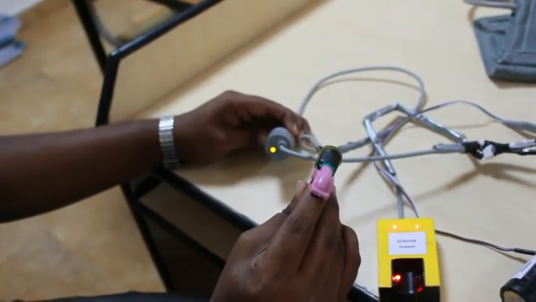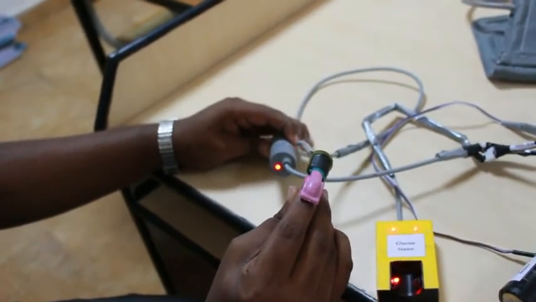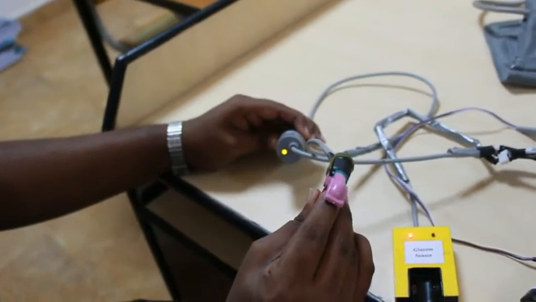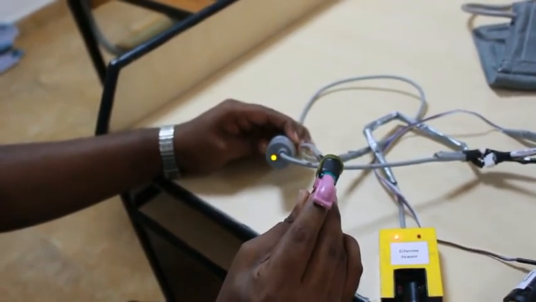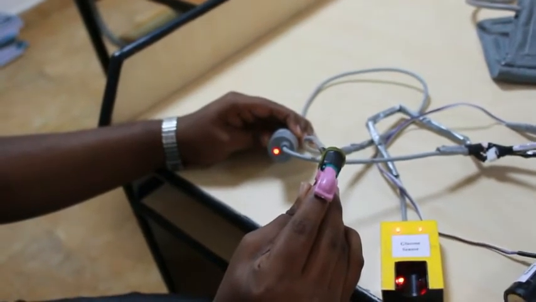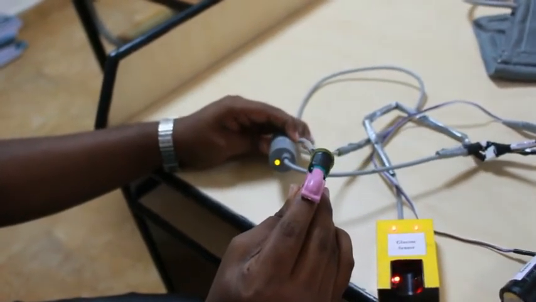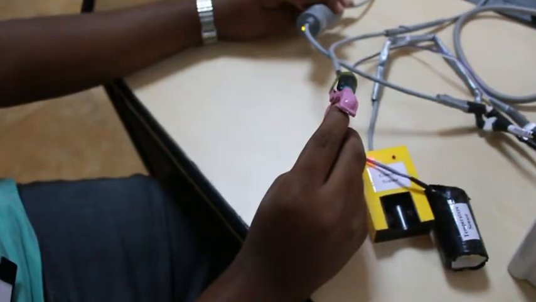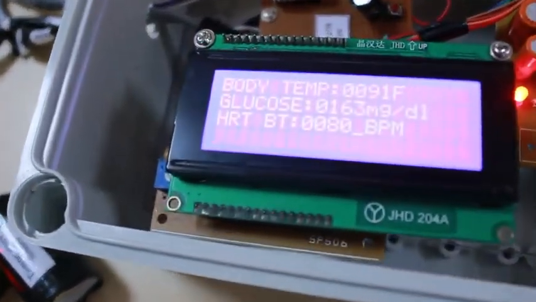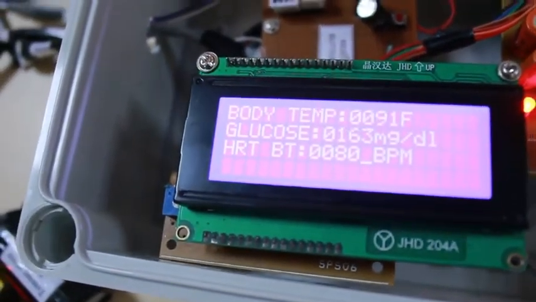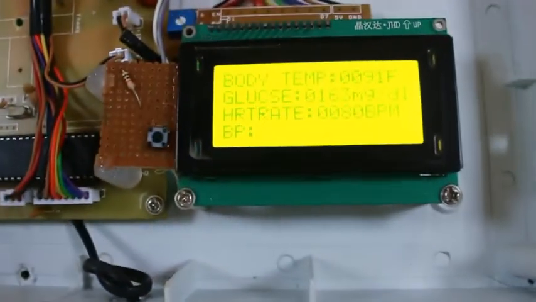This deflected IR ray is received by the photodiode kept at the bottom side. The output voltage of the photodiode is given to a multivibrator circuit to produce on-off pulses and finally given to a counter pin of the microcontroller. The microcontroller counts the heartbeat for 15 seconds and multiplies it by 4 to display output in terms of beats per minute.